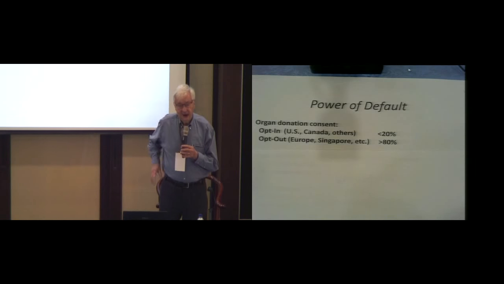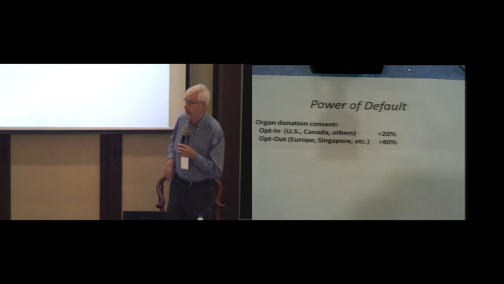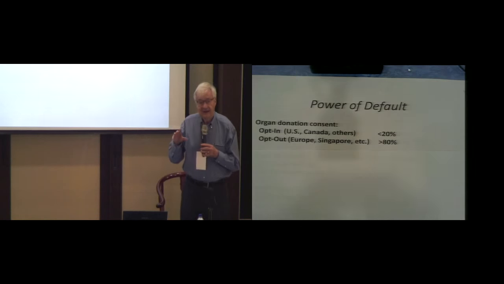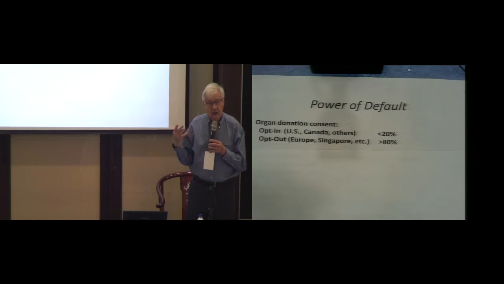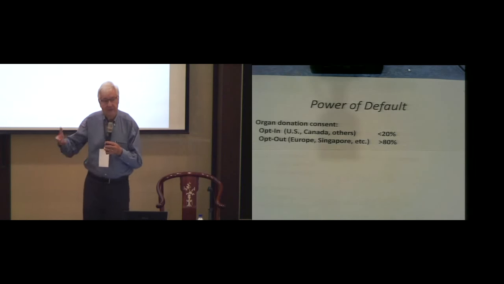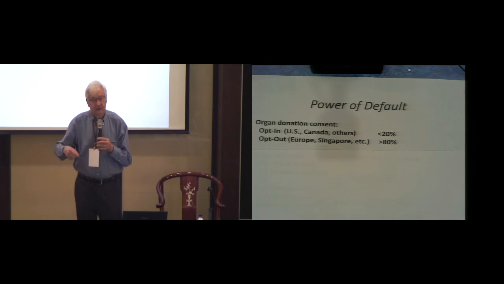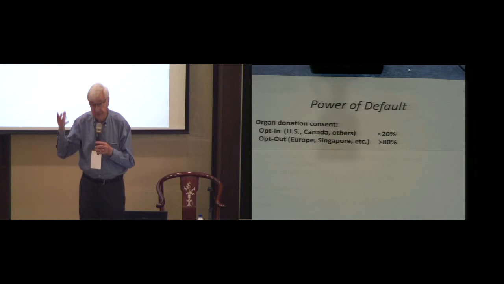Now, in practice, in countries where you have an opt-in, that is, you have to give permission, typically something like 20% agree, less than 20. People just don't do it, because the default is not doing it. So if I want to donate, I have to make a conscious change, sign up and give it.